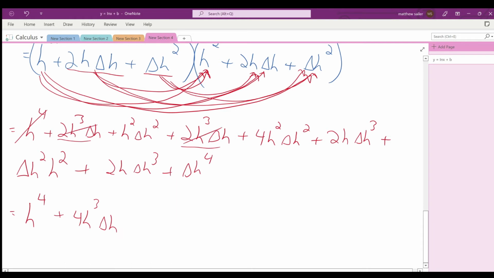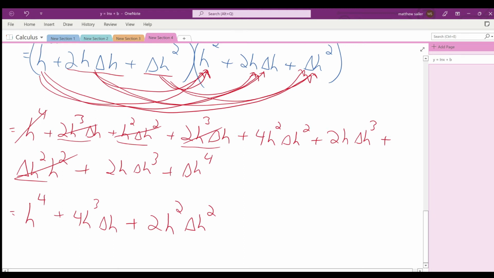We have an h squared delta h squared. Let's see if there's any more of those. We have one of those. So this is going to be plus 2, since there's 2 of them, h squared delta h squareds. Cross those out, we already used those.